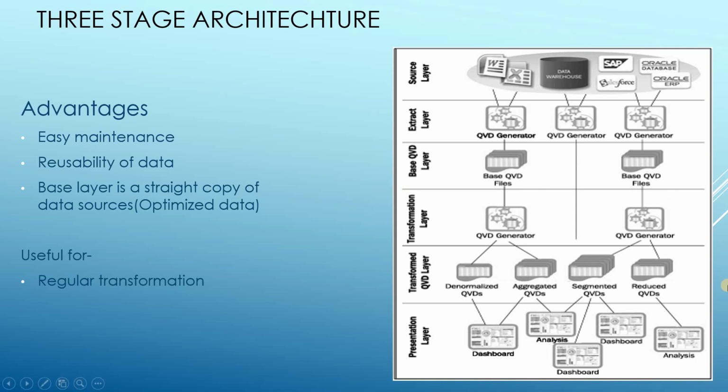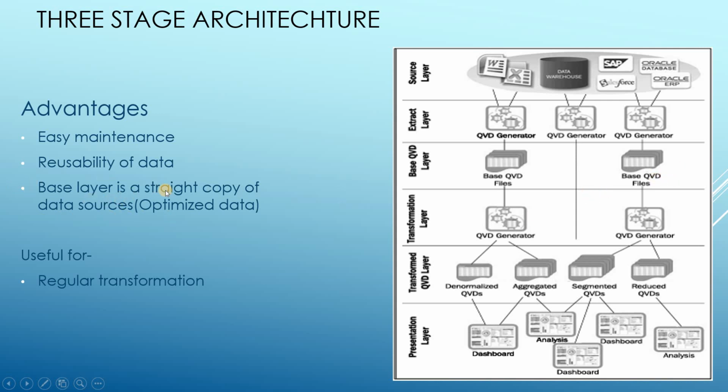What is the use of these two layers and why is it different from the two-stage architecture, even though a few of the advantages are exactly the same? The main reason is that it is useful for regular transformation. Because of these regular transformations, we always suggest maintaining a three-stage architecture, because we assume the first QVD layer is purely an exact copy of the data source without any transformation.